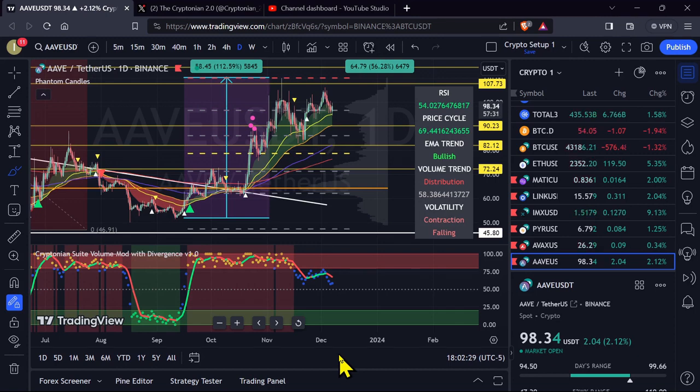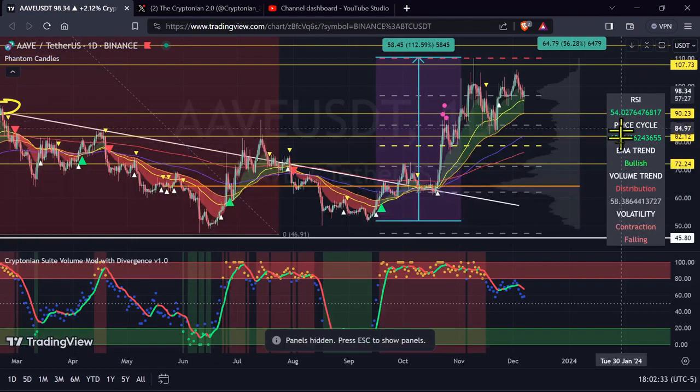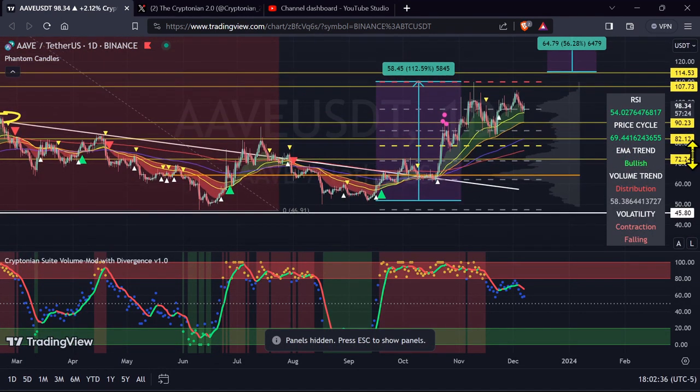Now, let's take a look at some scenarios. Let's say Bitcoin does sell off, and then we have a correction. Where would be a place of possible entry?